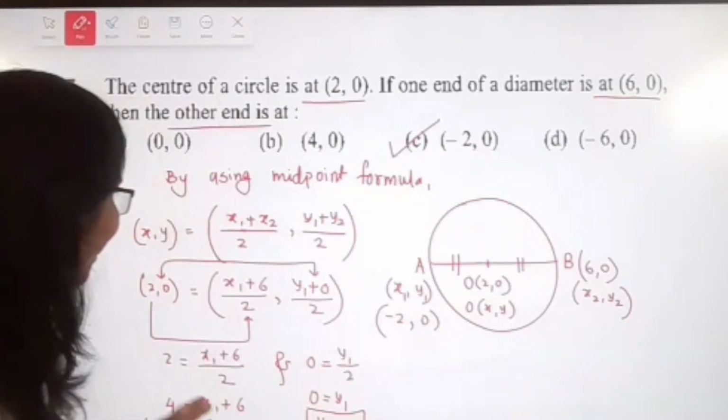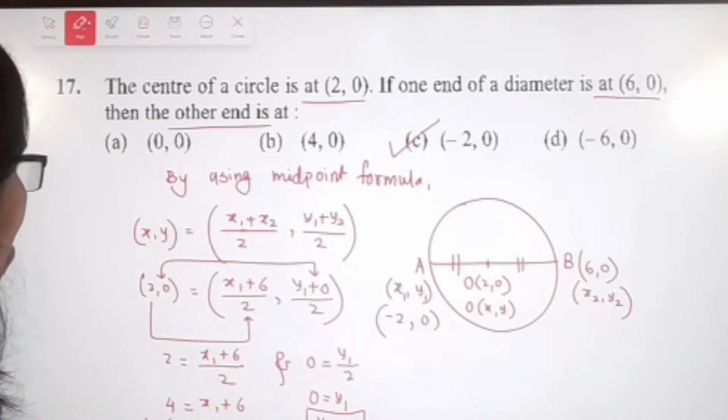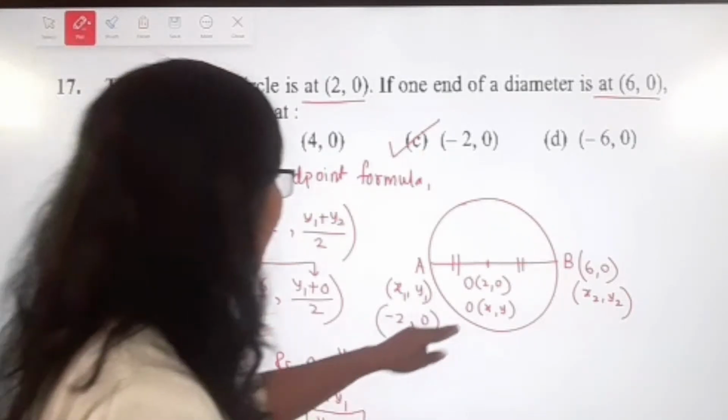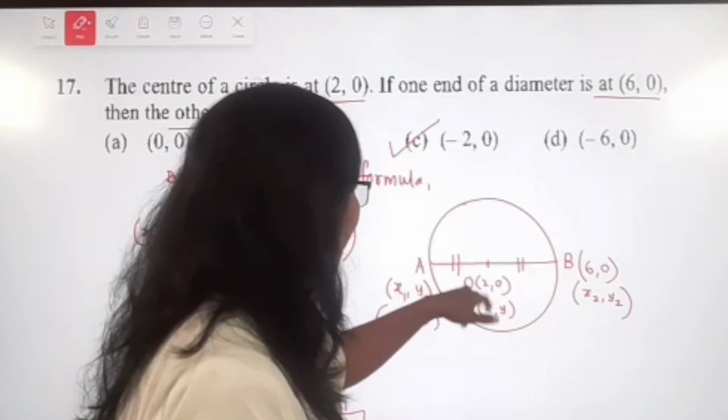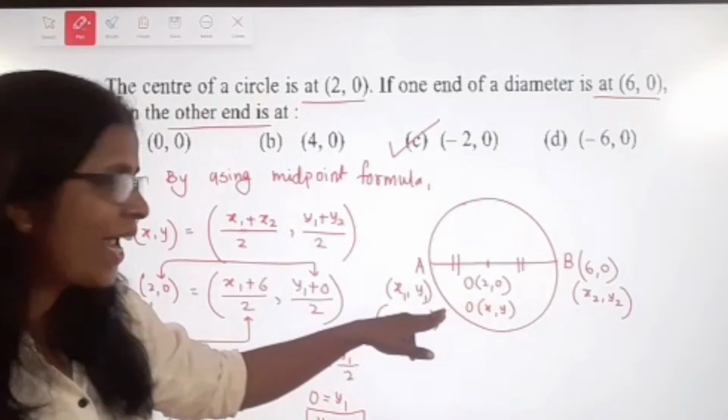Okay students, so let us check where the mistake is arising. x1 plus 6, then 2 twos are 4, 4 minus 6 is -2, students. Okay, (-2, 0). See here, the center is not at the origin. Okay, it is not at the origin.